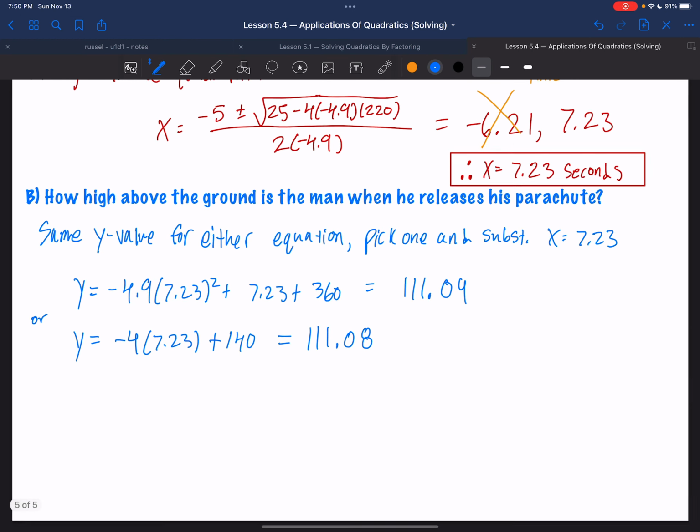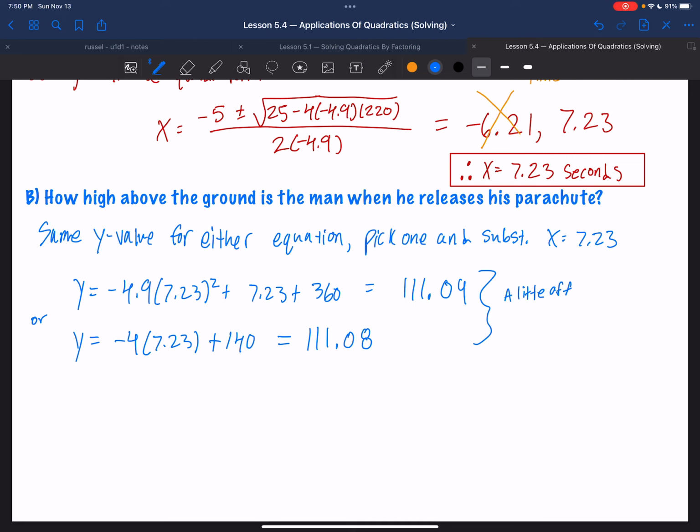There's only a little bit of difference because I'm squaring that decimal, which, by the way, was rounded. If I use the exact decimal, I'd probably get the exact same answer, but I rounded the decimal, so it's going to be a little off due to rounding. That's the only reason it's a little off.